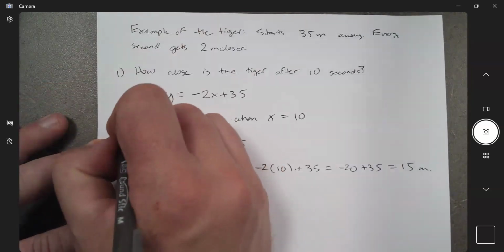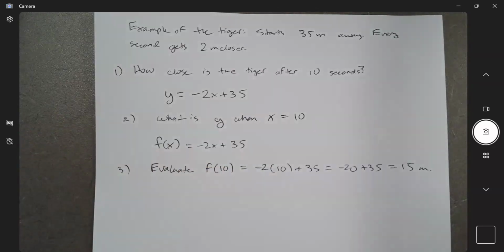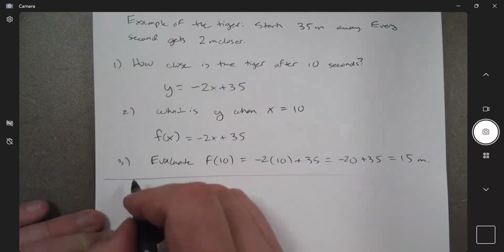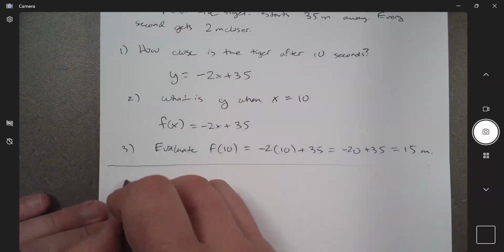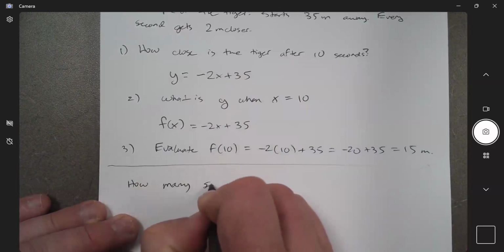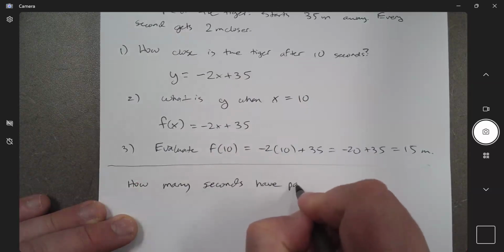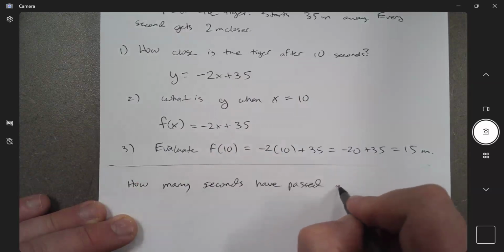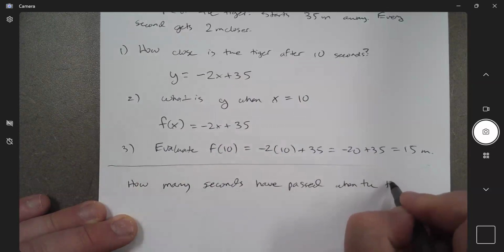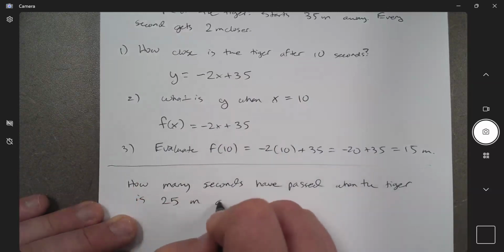All right, so these are all the same question. Question 1, question 2, question 3, they are all the same question. How close is a tiger after 10 seconds? I could also ask, how many seconds have passed when the tiger is 25 meters away?